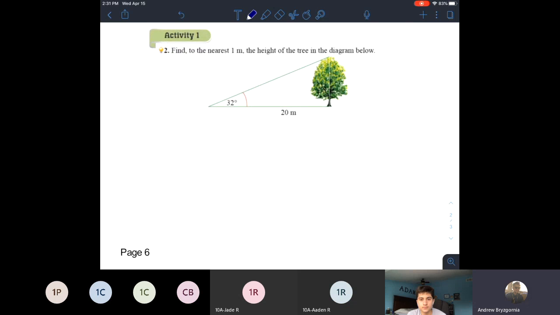So similar question then, I want you to go ahead, find the height of the tree in this picture. Once again, I'll give you a little bit of time and then I'll show you the answer.